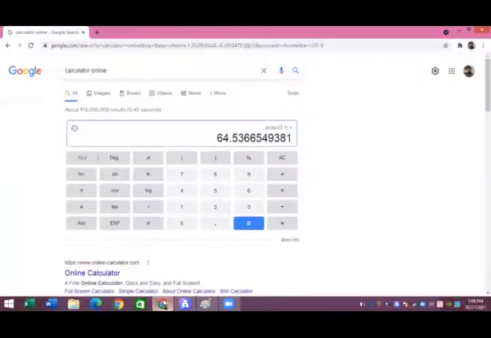So the calculator is ready here, and you add 180 degrees to the answer, and it is 244.54, but up to one decimal place you can take 244.5, or if you would like even closer accuracy, you can take it up to 3 or 4 significant figures, but that is not required unless it is asked in your question. But here in this case we take the easy value, so this is 244.5.